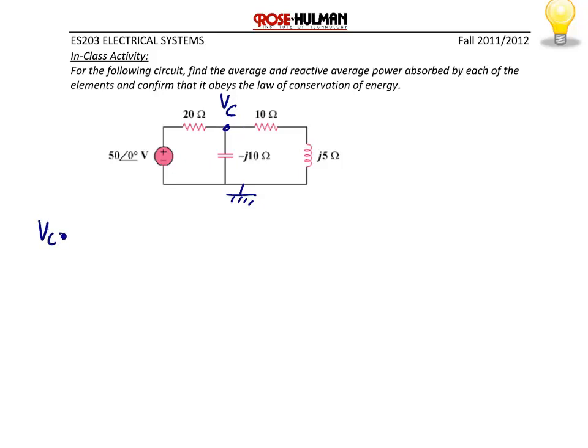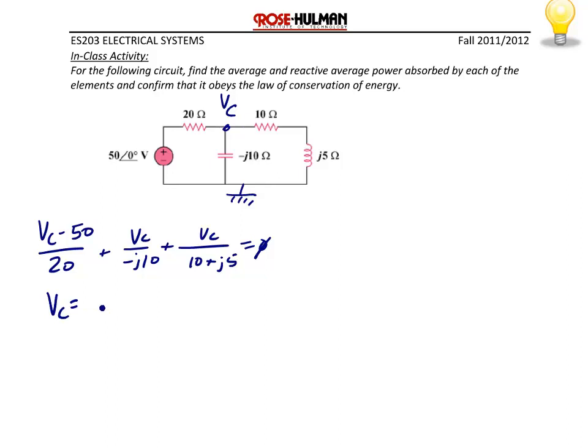So we'll have VC minus 50 over 20 plus VC over negative j10 plus VC over 10 plus j5, and that equals 0. So the voltage across the capacitor is 17.46 with an angle of negative 24.78 degrees.